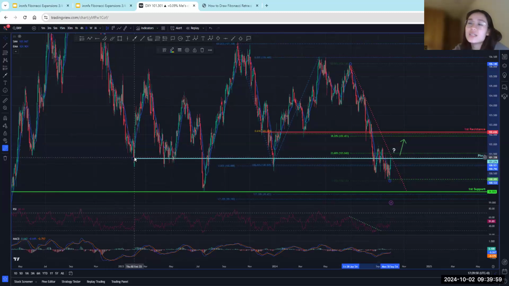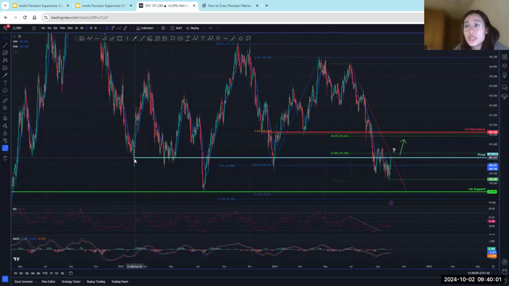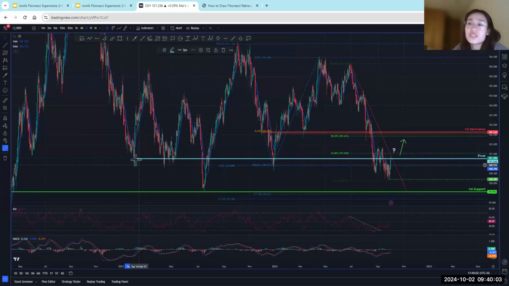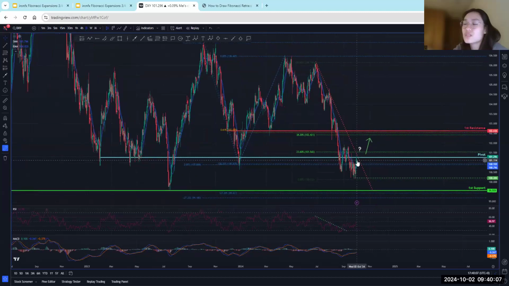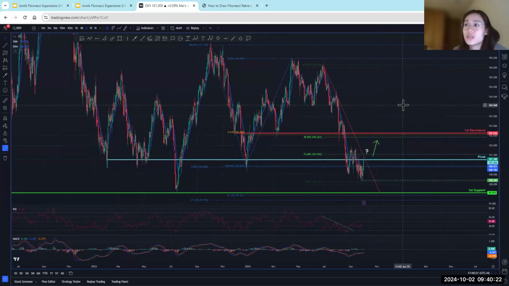But in itself, since price has reacted off of it several times before, we could see price break out of this as well, or rather, we should see if price breaks out of this pivot, but also that descending trend line. So two things that we have to look out for before going in for a buy towards the first resistance.